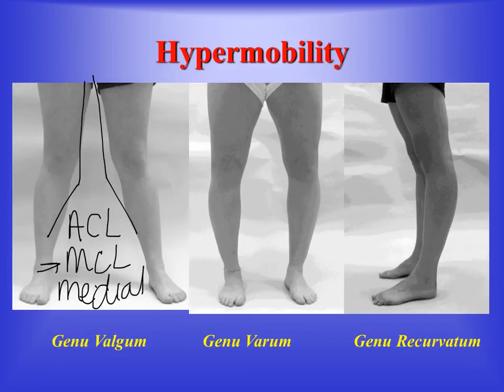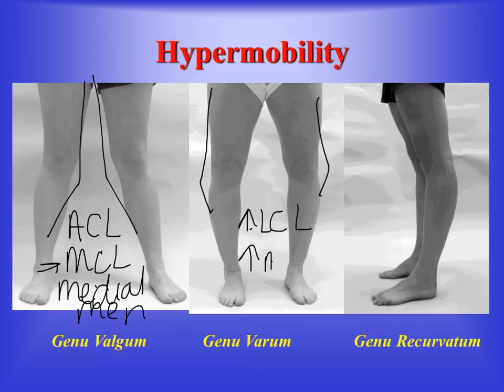A patient who has genu varum, which means increased angling at the knee, or what we would call a bow-legged individual. This individual has increased propensity for LCL pathologies and increased chances of a lateral meniscus injury as well.